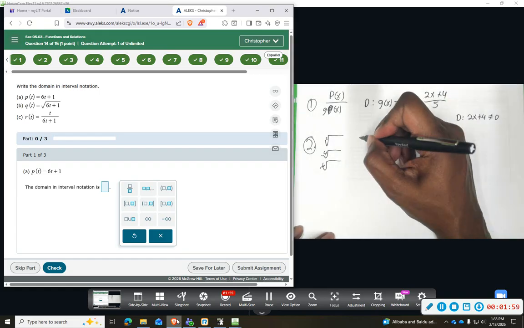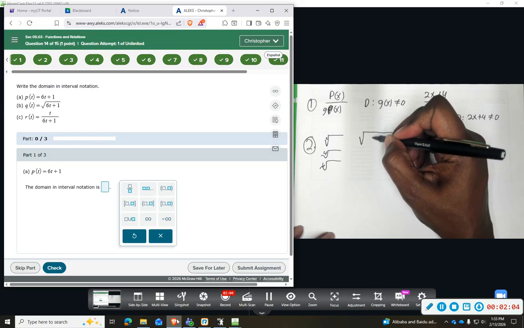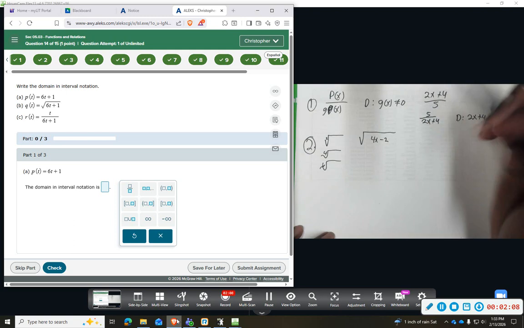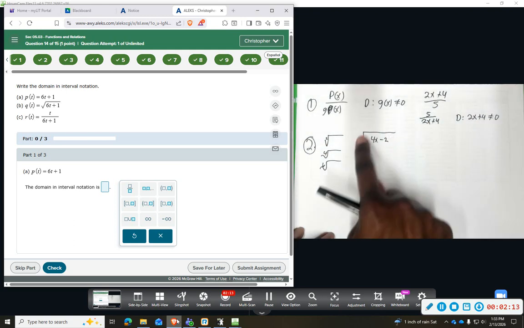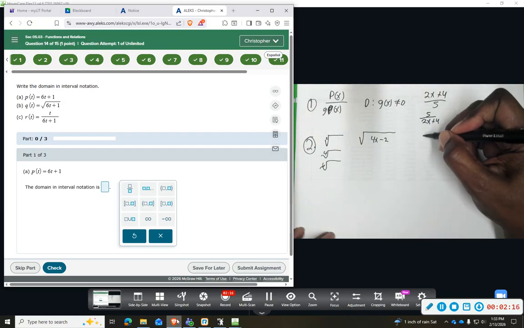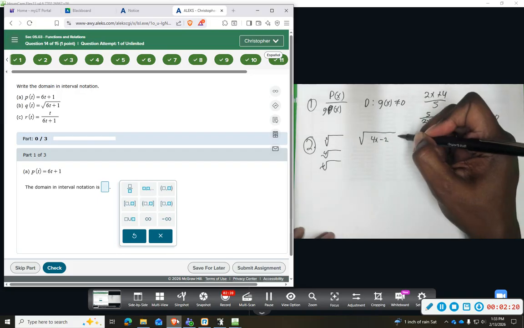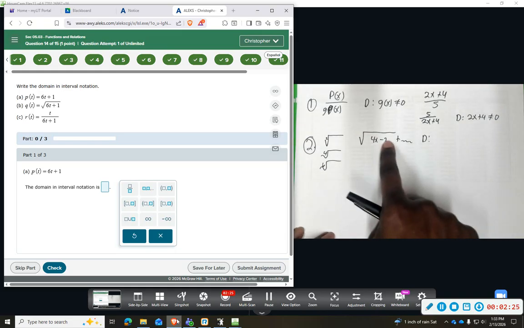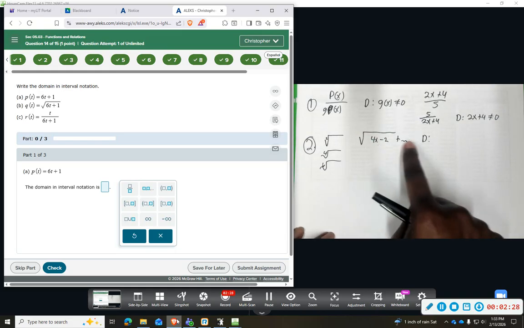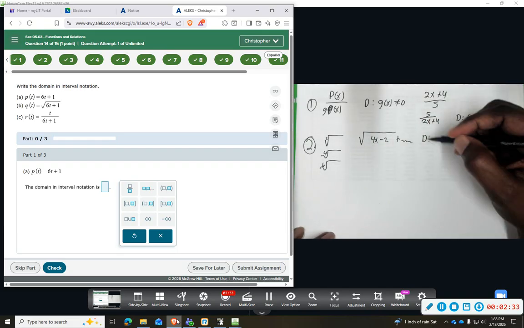So if you have a square root, and whatever's under the radical, let's say 4x minus 2, because of the even root, it has to be positive. So your domain would be restricted based on what's under the root. You can have plus something else outside of the radical that does not affect your domain, only what's under here. This won't affect it as long as it's not a rational expression. But under the radical, it has to be positive.